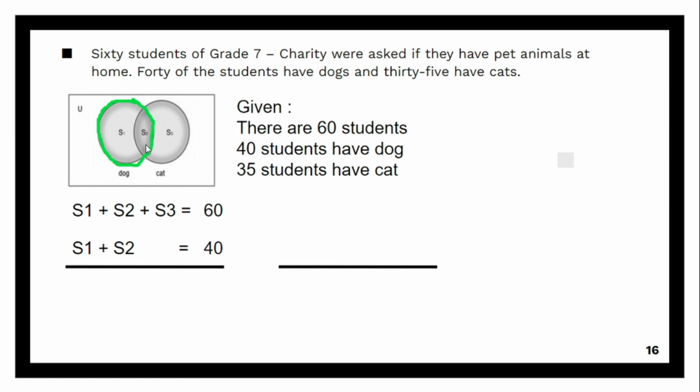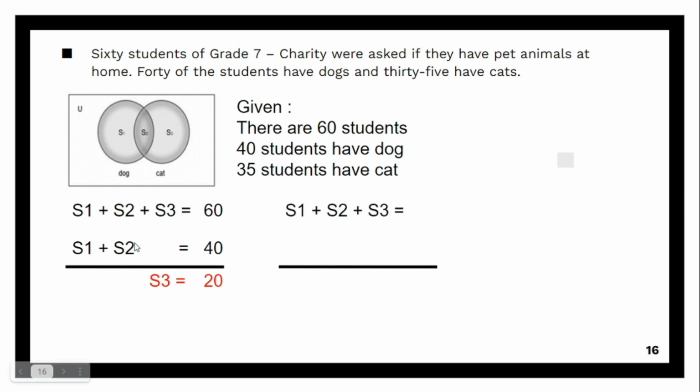Okay, so ibig sabihin, if you have 40 students for the dog, and S1 plus S2 plus S3 is 60, subtract natin yan, S1 plus S2 cancel, bring down S3, so we have there 20. So, ibig sabihin, kung 40 tong part na to, 60 yan tatlo, this part is 20. Correct? So, we have S3 is 20. So, nasolve na natin S3.